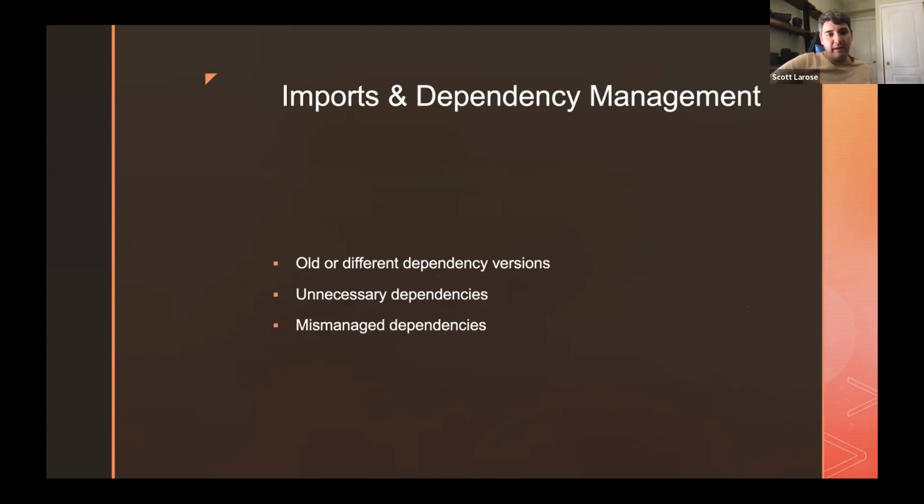So, imports and dependency management. There are a lot of problems that can come from misusing your dependency manager. You could have old or different versions of your dependencies. That usually happens when you're working with CocoaPods, or even Swift Package Manager, or any package or dependency manager, and you have a complex build surrounding it.